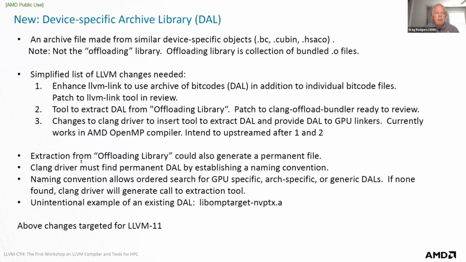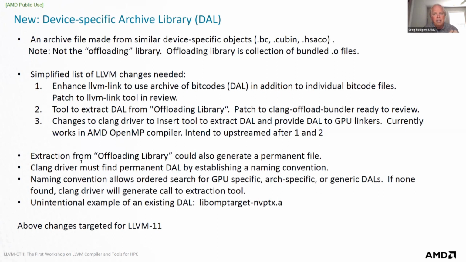So the Clang driver must find these permanent files by establishing a naming convention, using similar search mechanisms to what we had with the host libraries. The naming convention that we've created is perhaps too hard; if we have time, we can go into it a little bit more. But the naming convention allows for an ordered search, because in the case of GPUs, we often want to look for a library implementation that has stuff for a very specific GPU.